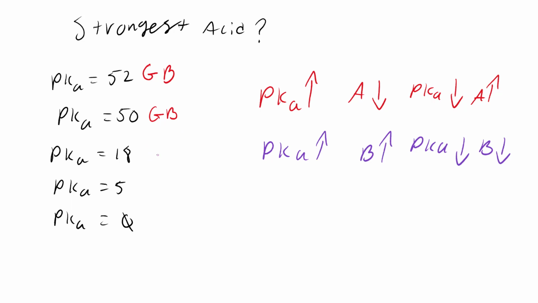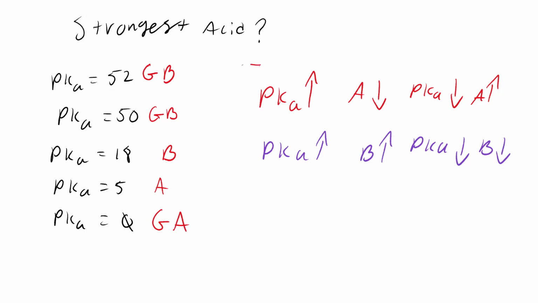This is okay. It's more basic than water, which is okay. So we're just going to say basic. And when you hit like 10 and below, it becomes pretty acidic. So we're going to say this is acidic, but this is a great acid, because our pKa is super low. We want the smallest pKa for the greatest acidity, right?